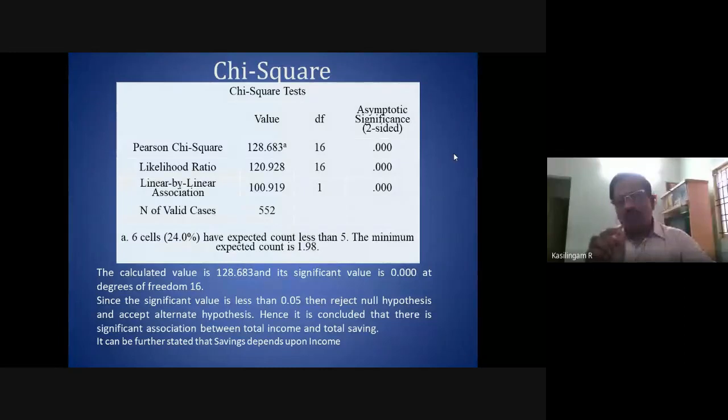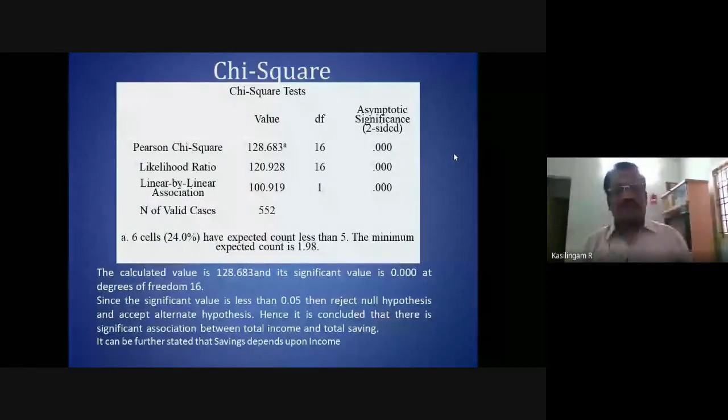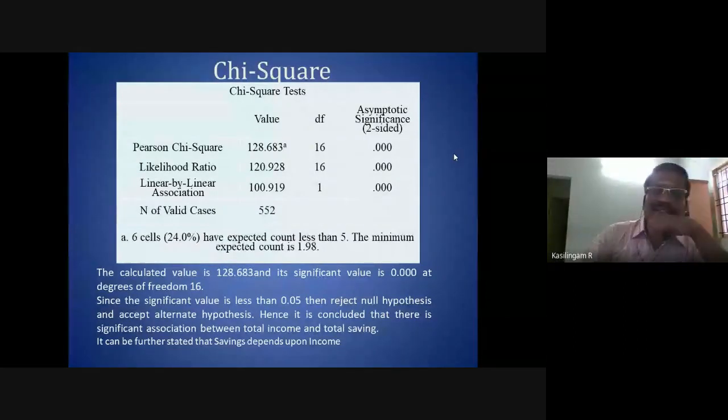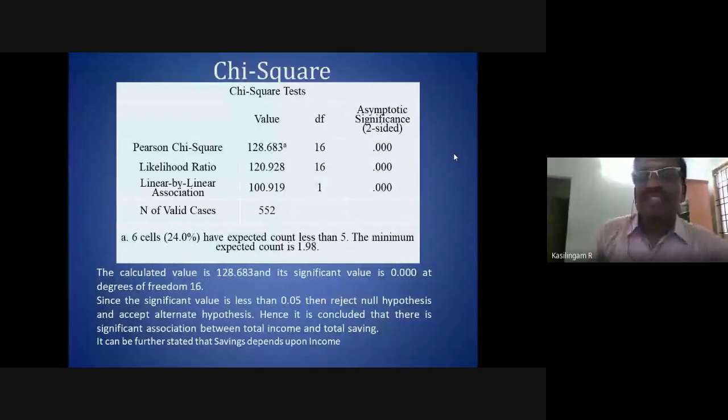Now, whenever we say there is an association, then we should not stop. For example, Madan sir is telling me, sir, that class is bad, sir. Why, sir? Why are you telling, sir?